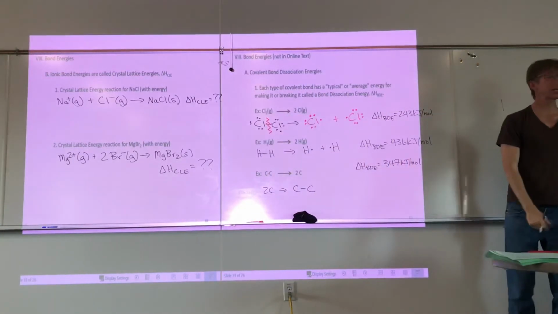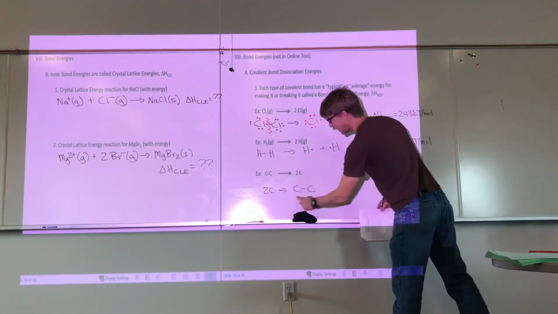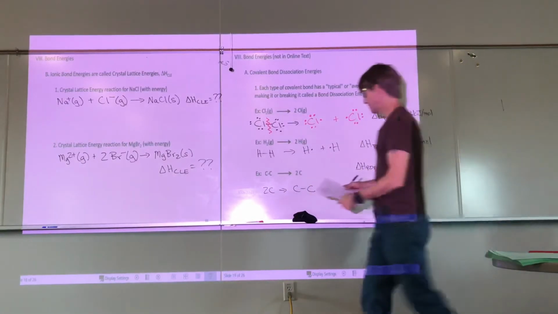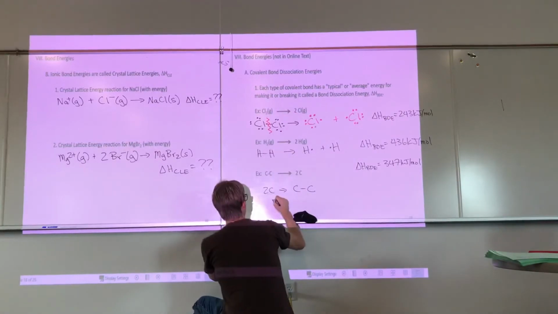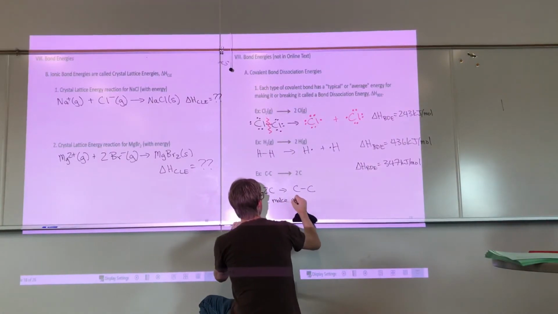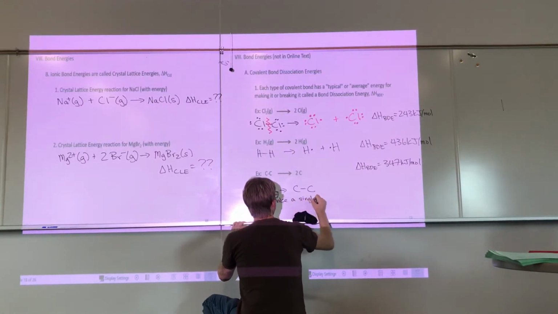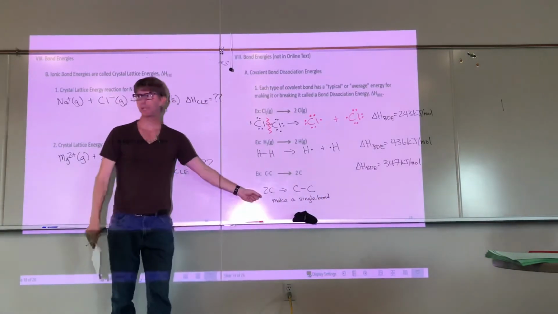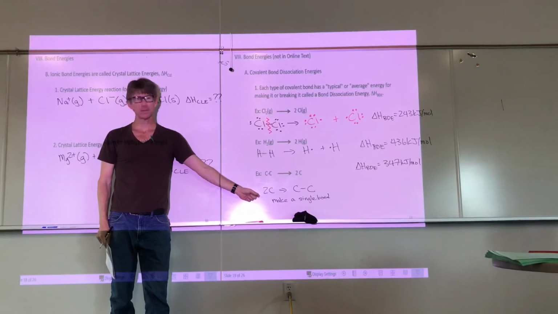Now what happens if I go from 2 carbons and I now bond them together? I make a carbon-carbon single bond. What do you think the energy is for this process? It's negative 347.